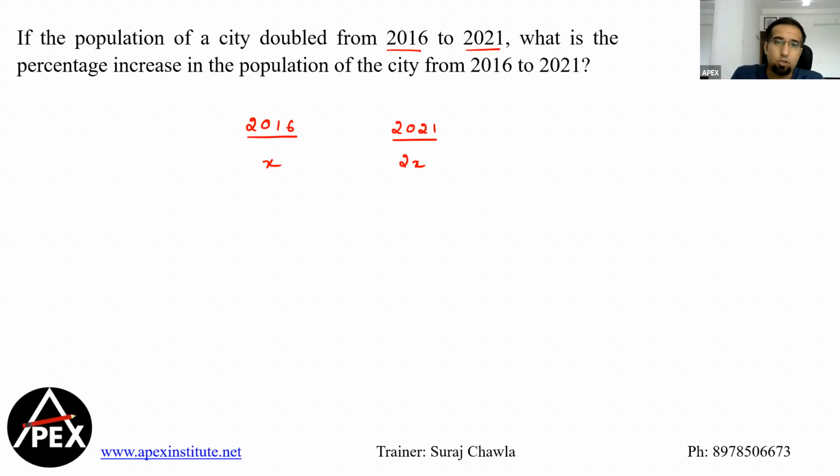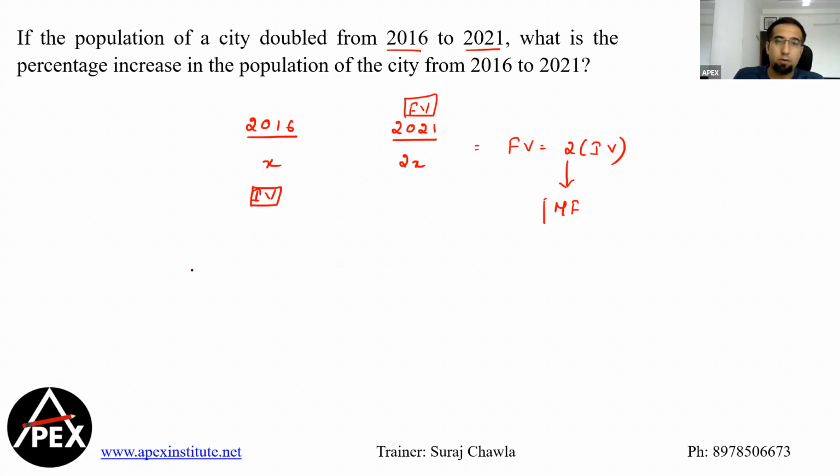Clear, guys? So if this is my initial value and this is my final value, can I say final value is equal to 2 into initial value? So which means 2 becomes your multiplying factor.